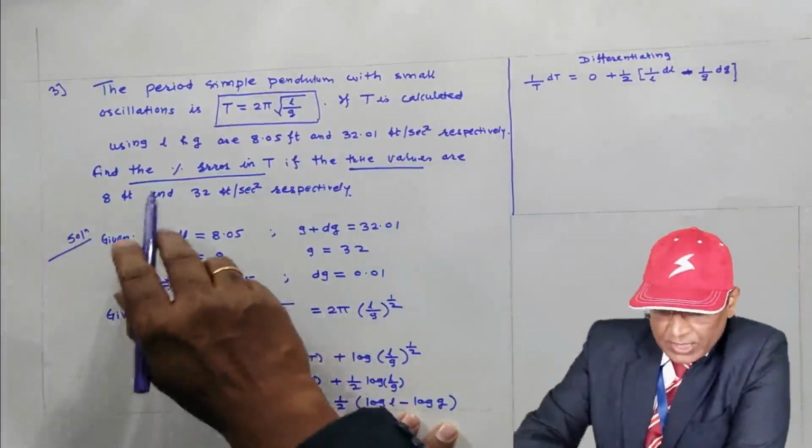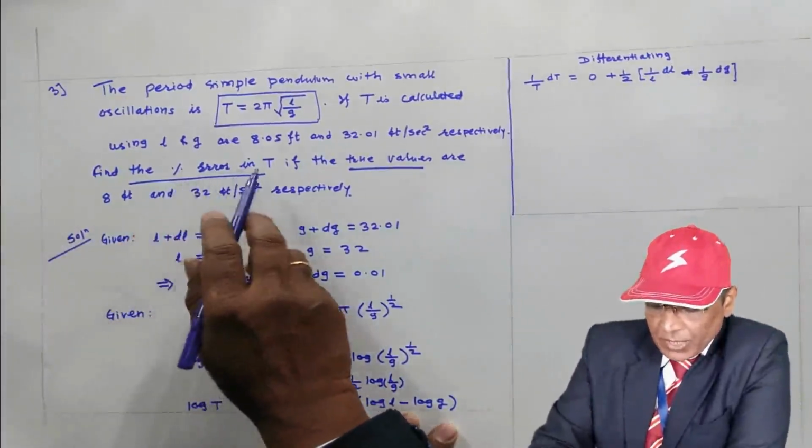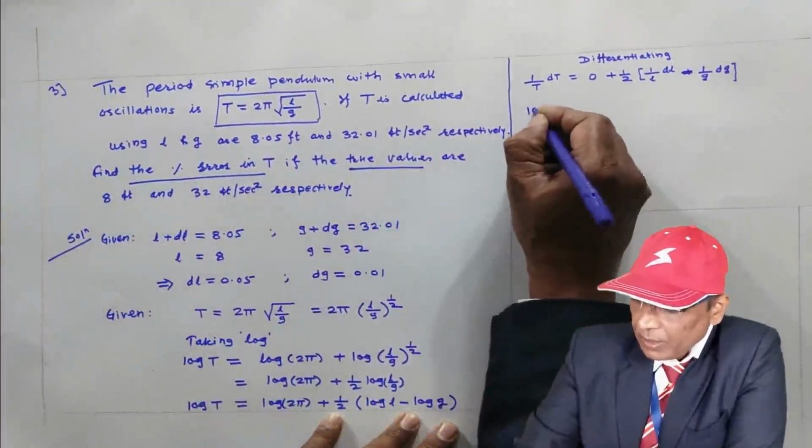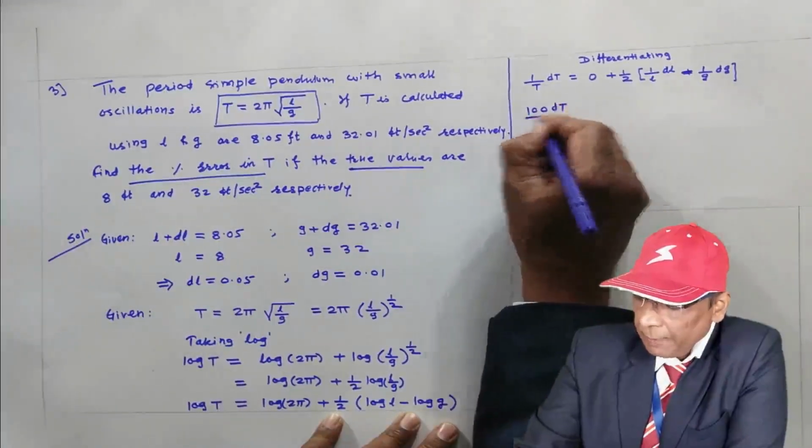Now the percentage error is asked, percentage error in T. So multiply by 100.